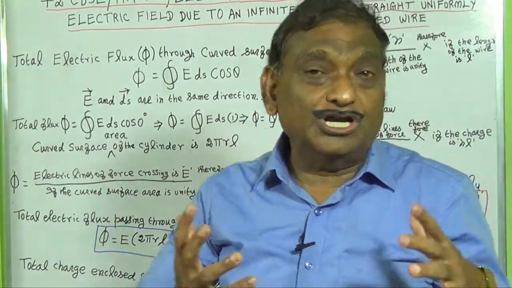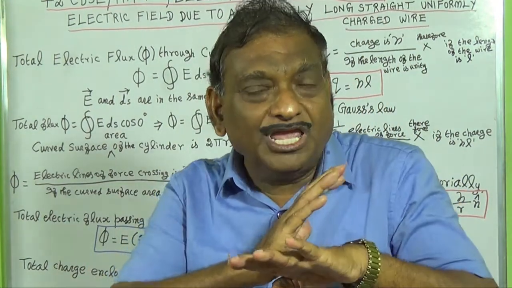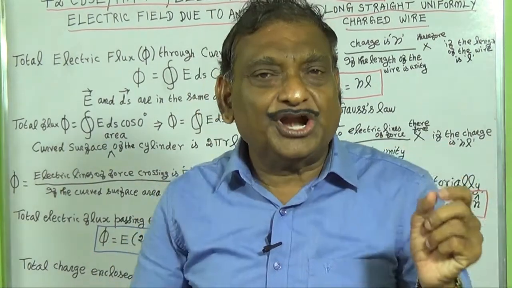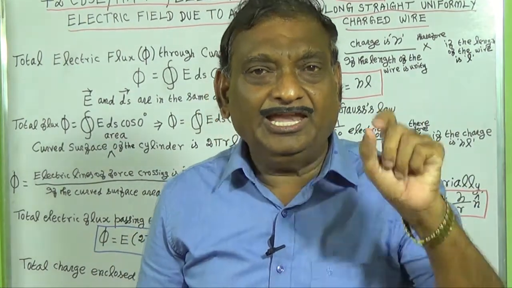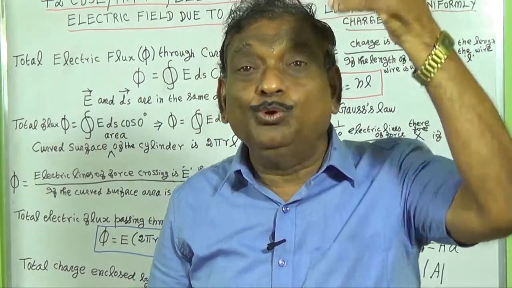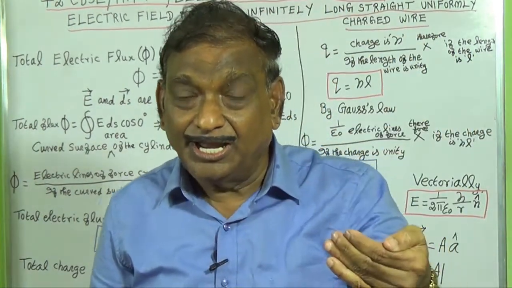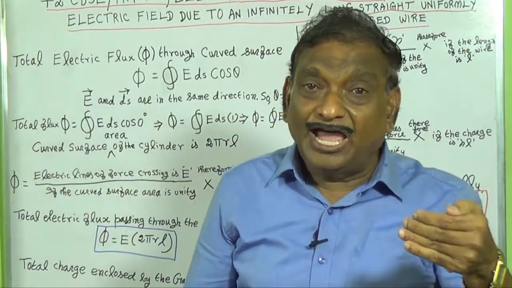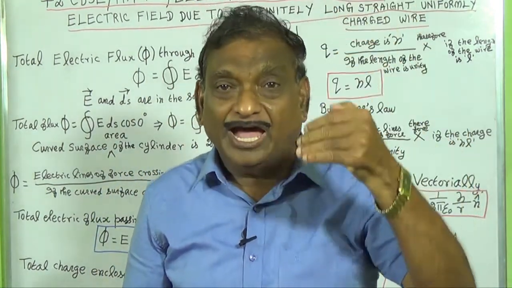Here, the total charge Q is not given directly. Instead of that, the linear charge density, that is charge per unit length, is given. We know the total length of the wire.